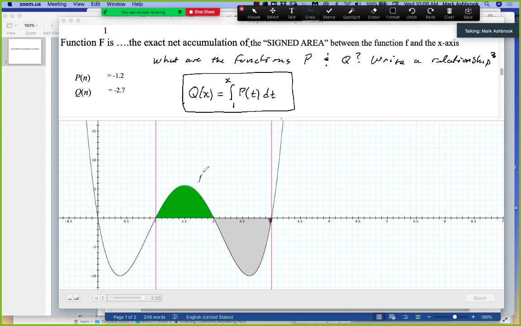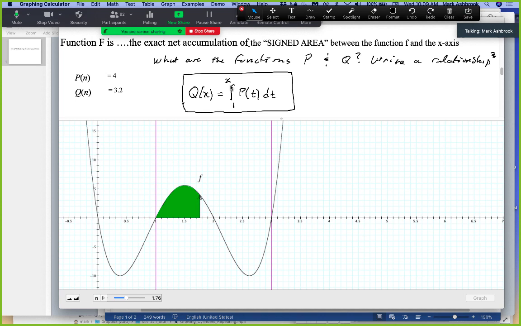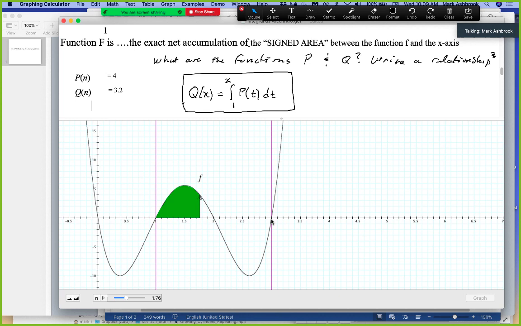Given some value of x, for instance 2.76, q of 2.76 would be negative 1.4, or all this green area minus all this gray area. Likewise, q of 1.76 would be 3.2. So we need that to be x. If we just put 3, then we just get the accumulated signed area when x is 3, just one value. But we want the function for all of them. Does it make sense?